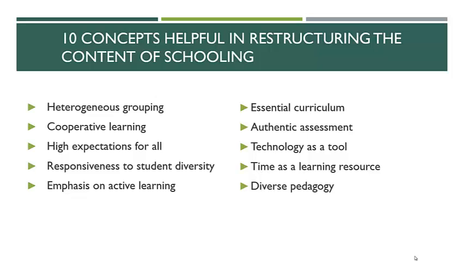Okay, mix it up. Cooperative learning. High expectations for all. Responsiveness to student diversity. Emphasis on active learning. An essential curriculum. Authentic assessments. Technology as a tool. Time as a resource. And a diverse pedagogy.